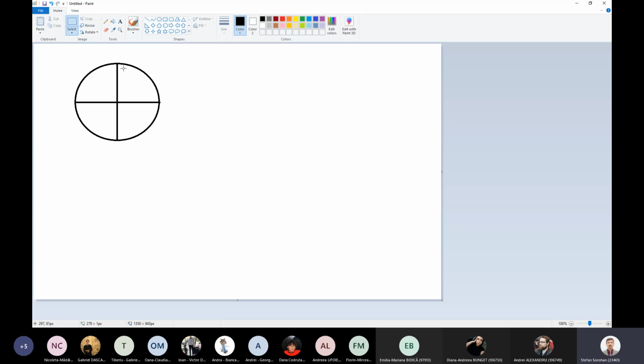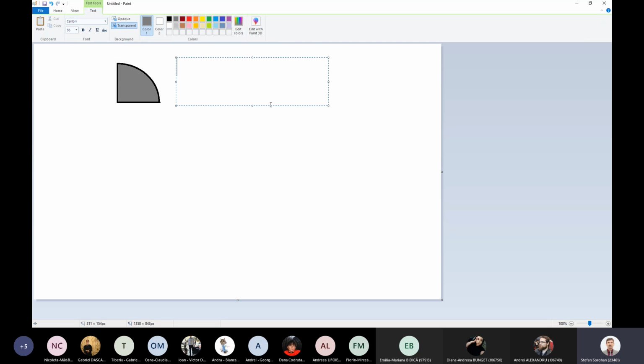So I will remove this part here. Let's suppose that our cross section is this, and the radius is, let's say, 10 millimeters.